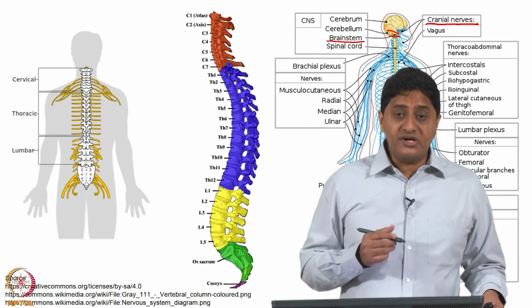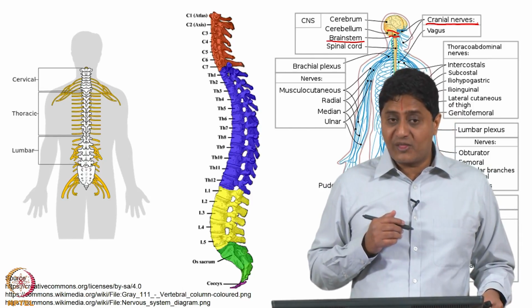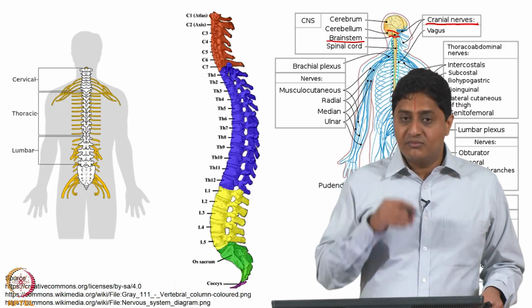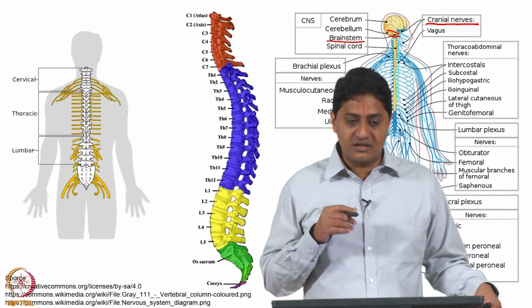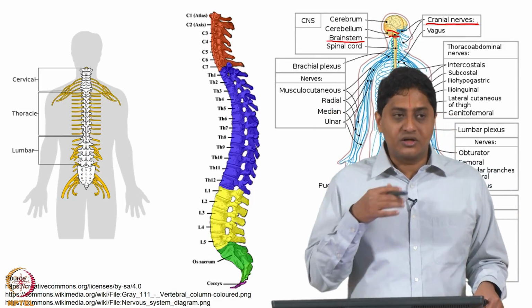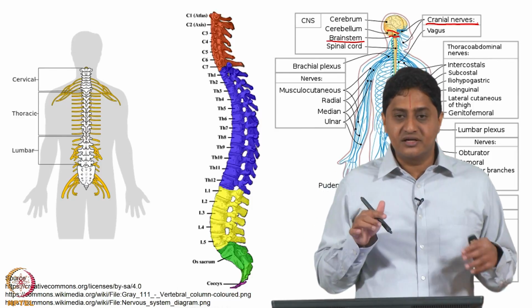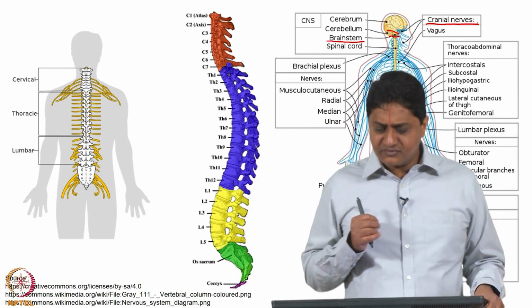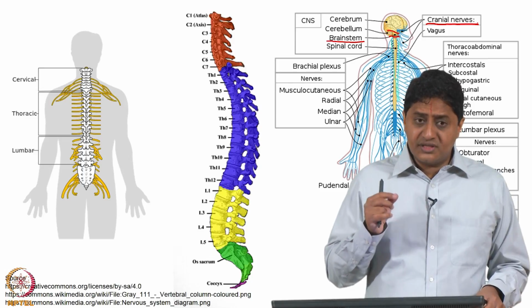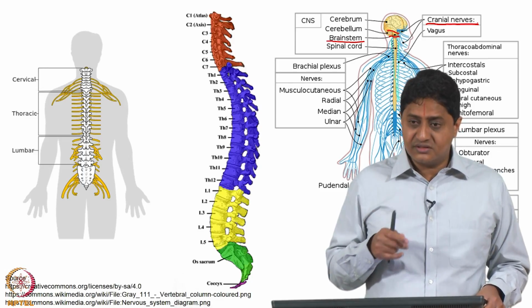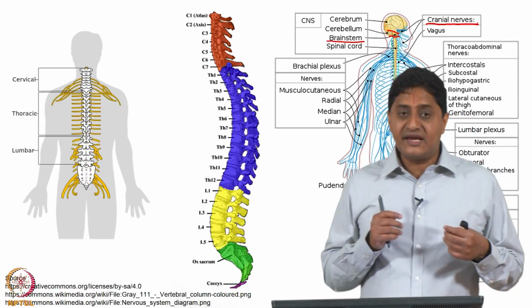There are also motor parts within the face, for example, the mouth, movement of the jaws, movement of the vocal cord, movement of at least the tongue and parts within the head. So that involves motor neurons. They are also supplied by cranial nerves.